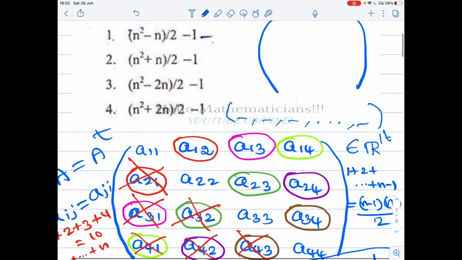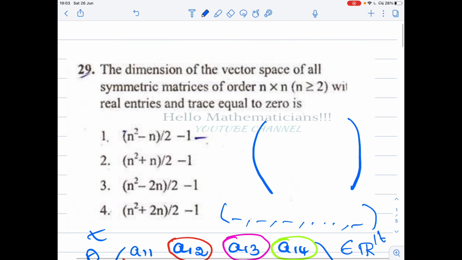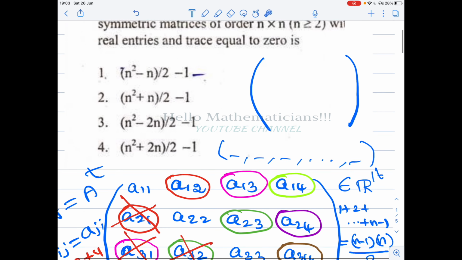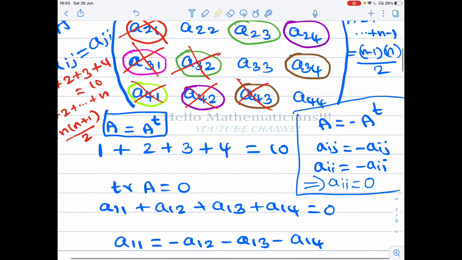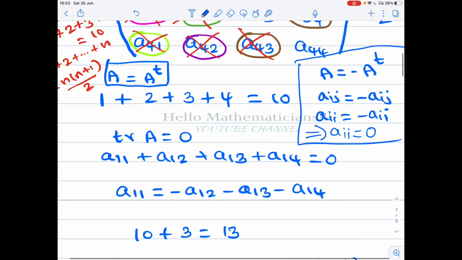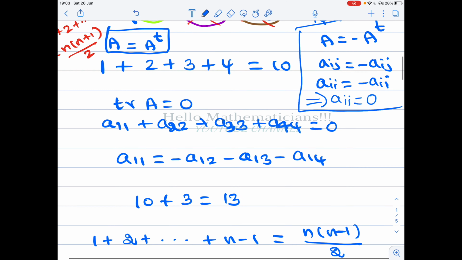Now we come to our problem. We want to find the dimension of the vector space of all symmetric matrices of order n, and they are saying the trace is also equal to 0. So what is trace? Trace means the sum of the diagonal entries. Trace of A equal to 0 means a11 plus a22 plus a33 plus a44, the sum of the diagonal entries, should be 0.